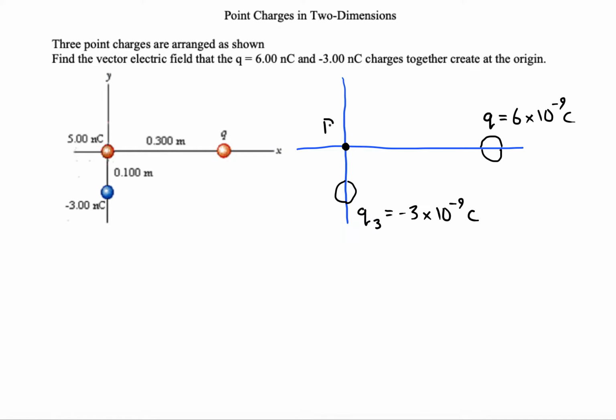And I'll write point P here to show the location where we want to evaluate the field. In order to do this, we need to know the physical distance from point P to all of the charges around it. So we need to know this distance here. I'll call that R. And we need to know this distance. This can be R3.